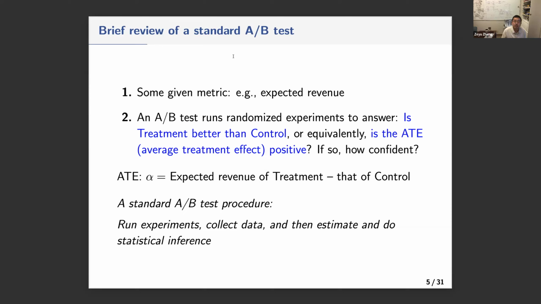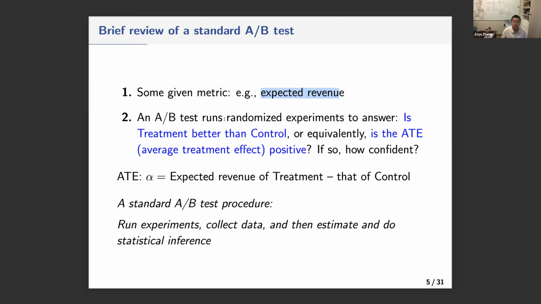A follow-up of that standard A/B test setting: we're thinking about there is some specific metric that the test is interested in. Usually there are multiple metrics, revenue, costs, other welfares, but we're thinking about the setting where there is a unique metric. Maybe it's the expected revenue, let's say, generated by each session.